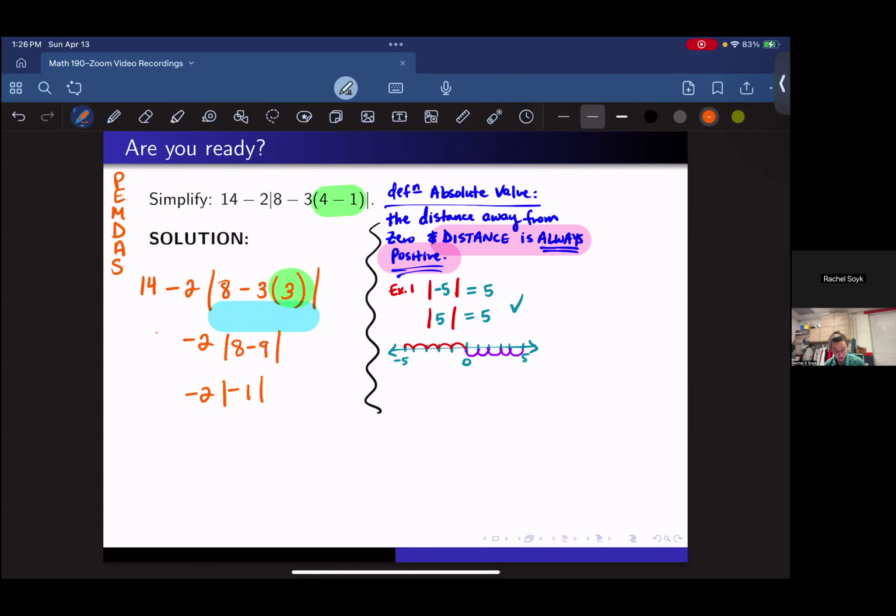Again, rewriting the rest of the problem. Absolute value of -1 is +1. And then -2 times +1 is a -2. 4 minus 2 gives you your final results as 12. And we are done.